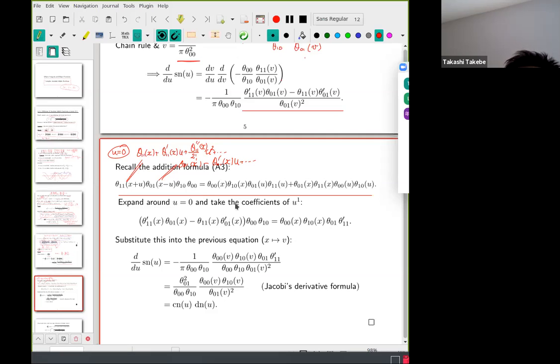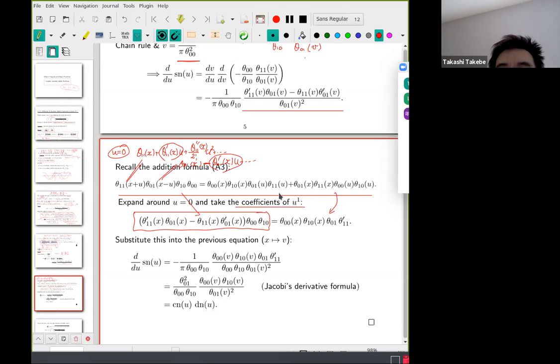And just by gathering the terms of the first order, from the left-hand side, we have this. And from the right-hand side, we have this.